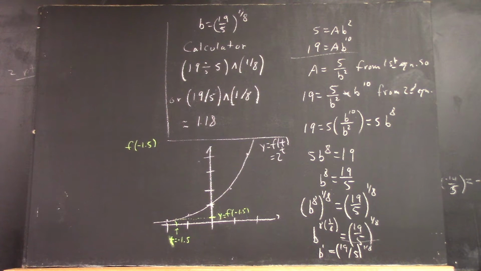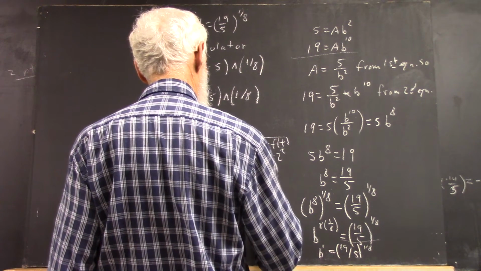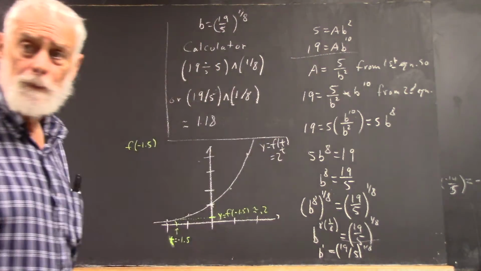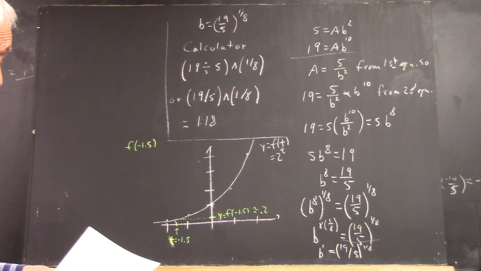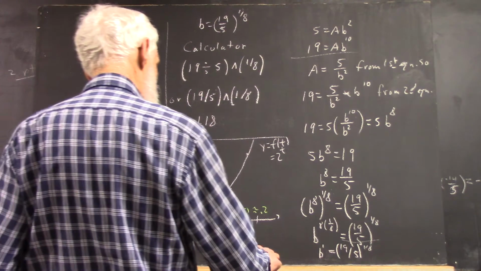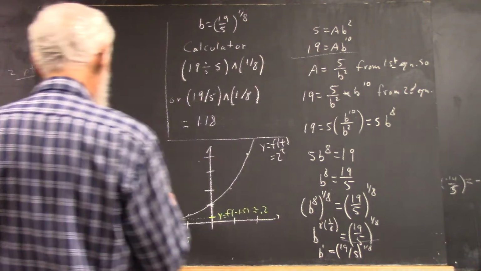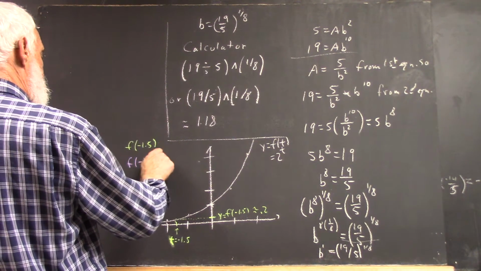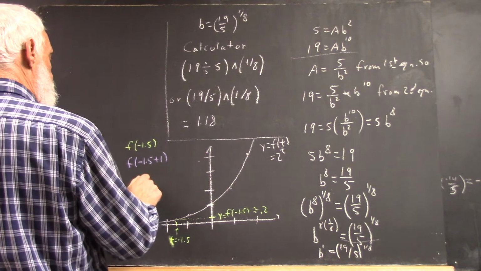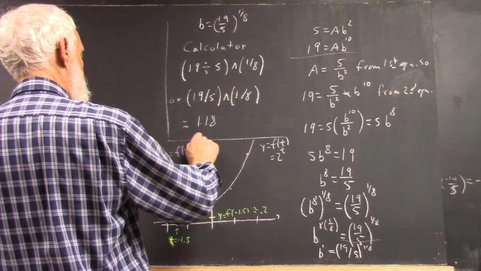Okay, so let's say that's approximately 0.2. Now we want to find the value of y equals f of negative 1.5 plus 1, right? And of course that equals f of negative 0.5.